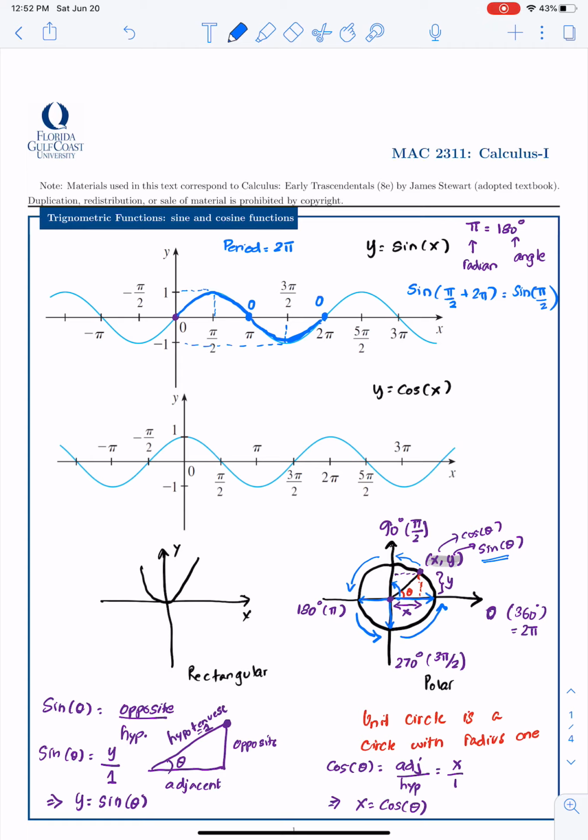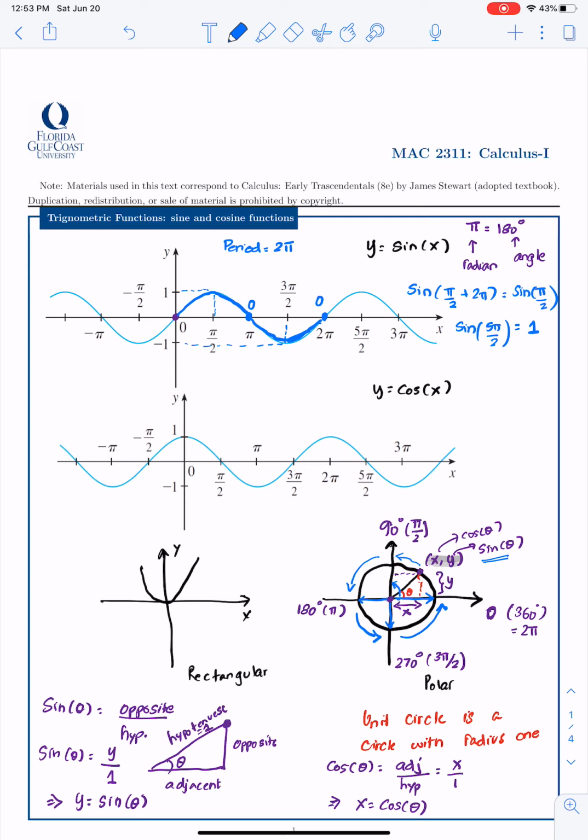So what do we know about sine pi over 2? Sine pi over 2 is 1. And sine of pi over 2 plus 2 pi is sine 5 pi over 2. So we pretty much end up saying that sine 5 pi over 2 is 1.